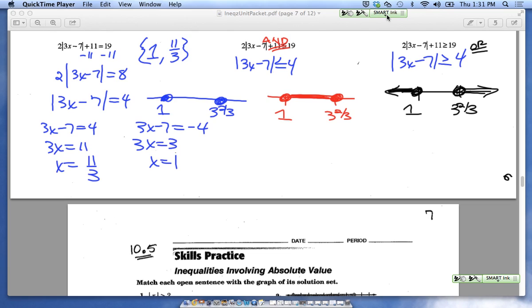Now when these problems are all mixed up together, the easiest way to keep it straight when you're trying to determine if you're shading between or if you're shading in the direction of infinity is this: the symbol greater than is always associated with the OR scenario. So OR is always associated with greater than.